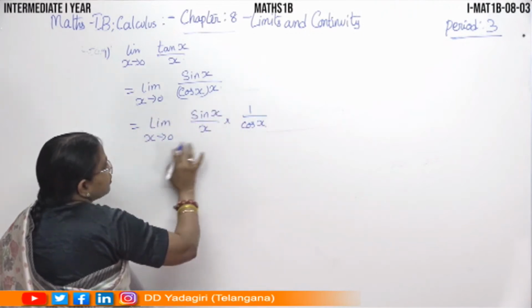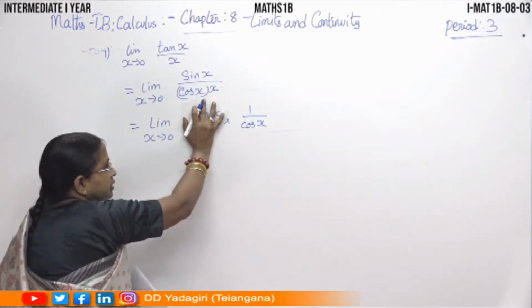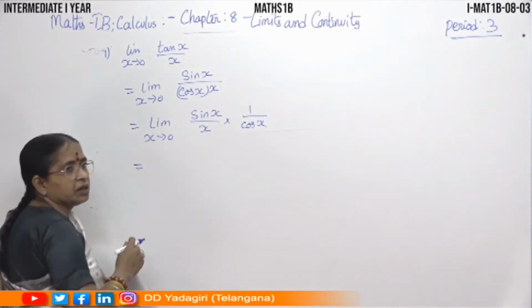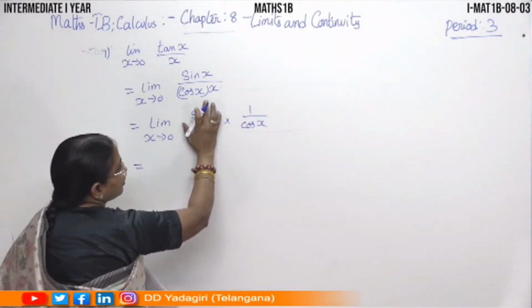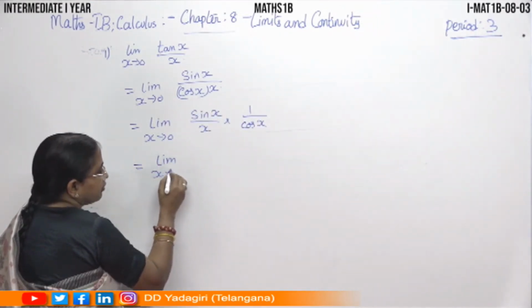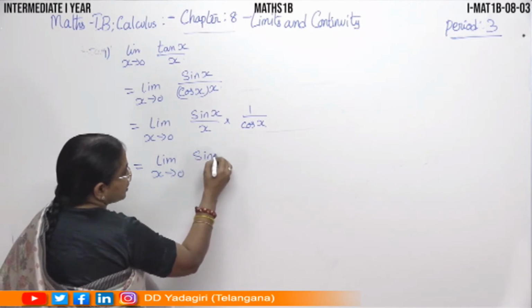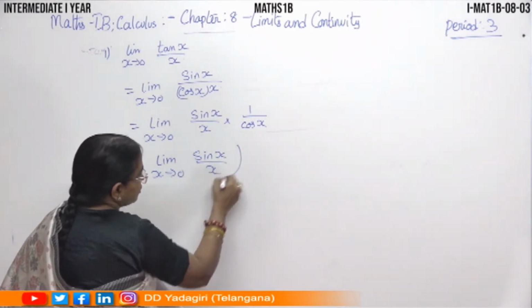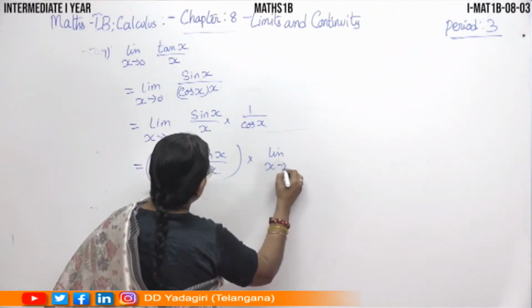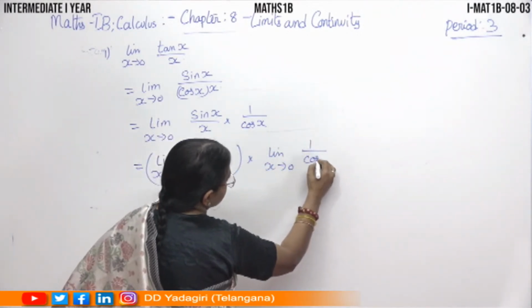Then when you take this part, it is the standard limit. And for this you can write the separate limit. You have seen the limit x tending to a of f of x into g of x is the limit x tending to a of f of x into the limit x tending to a of g of x. So this is one into the limit x tending to 0 of 1 by cos x.